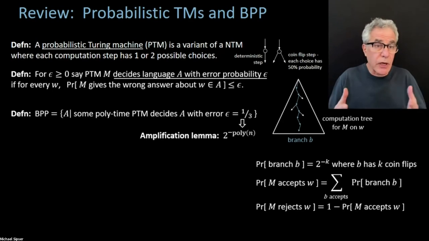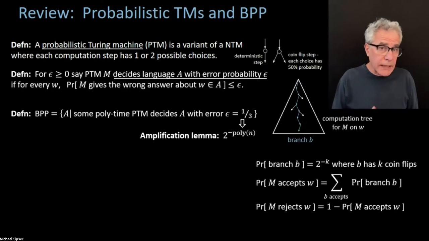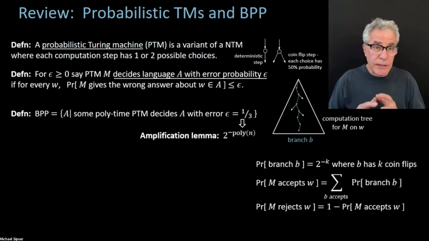If you run the machine 100 times and you see it's mostly accepting, then you're going to accept. And the chances that the machine was really biased toward rejecting, even though in your samples you see mostly acceptance, is extremely small. And you can calculate that, but you can make that very tiny. So small that for all practical purposes, it's really giving you the right answer. But it's not deterministic, so it's not quite 100% guaranteed.